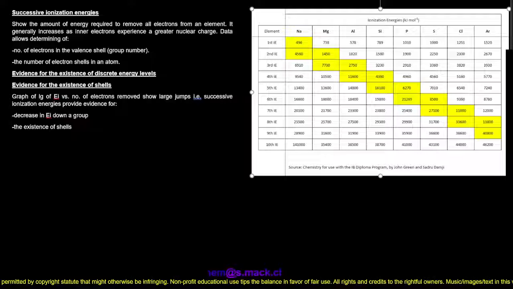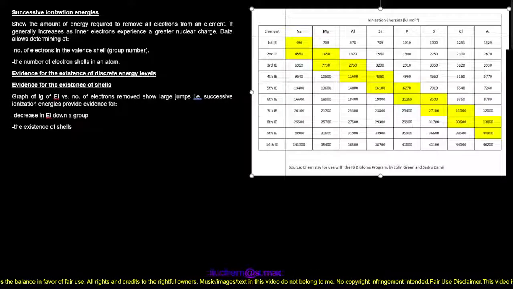Now, why are these data more important than looking at the rest? This is because on looking at the difference in ionization energies, that is from first to second, second to third, third to fourth, etc., we would see large jumps in the ionization energy.